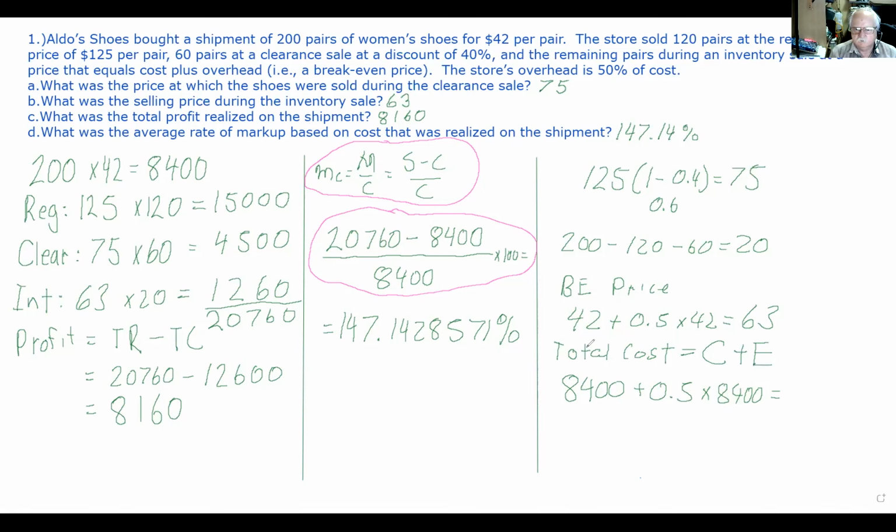And so this was our cost, and these were our expenses, because they told us up here about overhead, but overhead and expenses are exactly the same thing. So we knew that overhead was 50% of cost. So that's where we came up with this number here, this 12600.